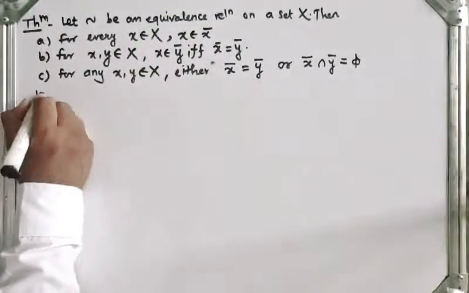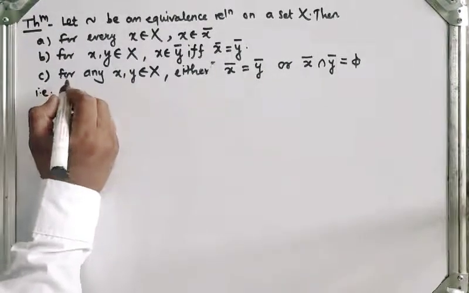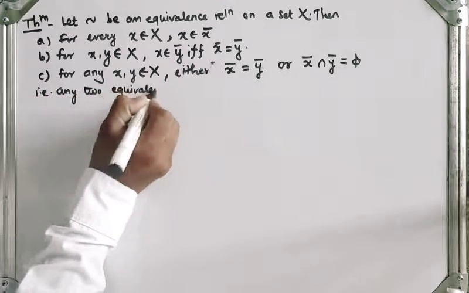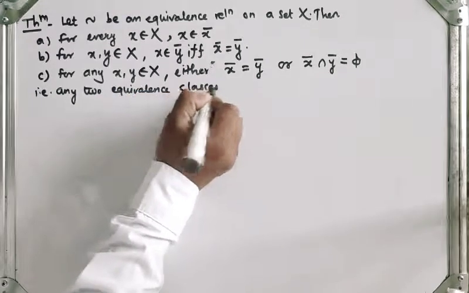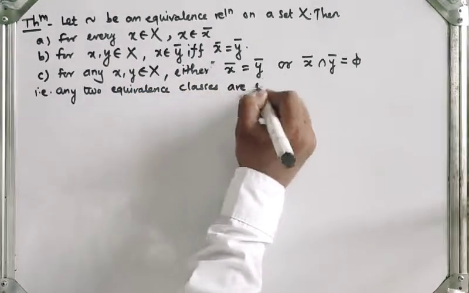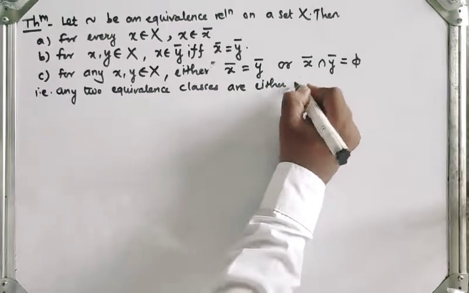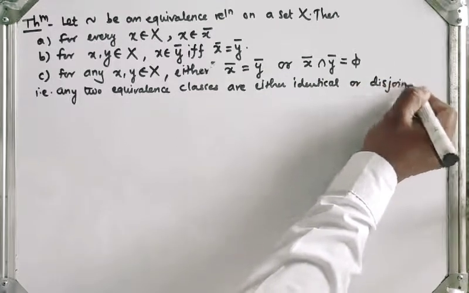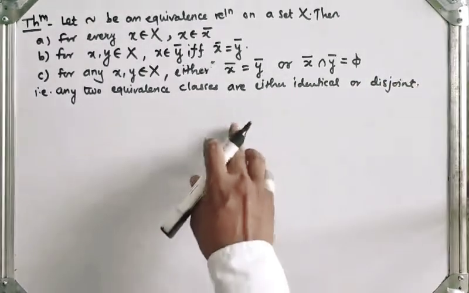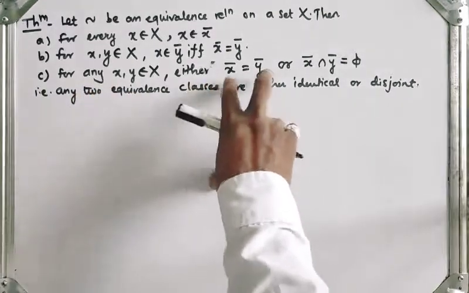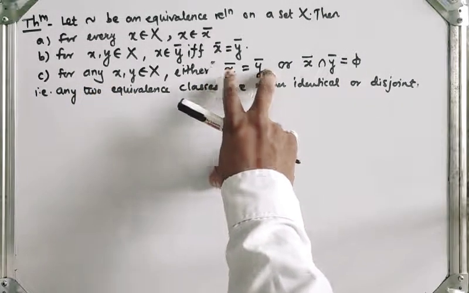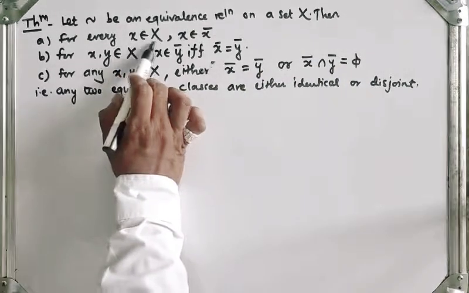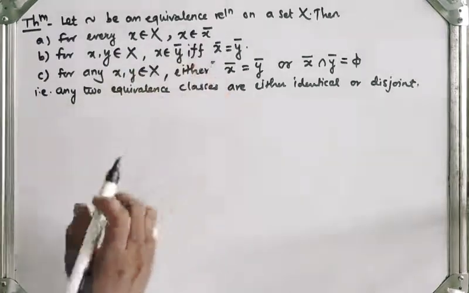That is, any two equivalence classes are either identical or disjoint. Means we have to show that for x, y belongs to X, two equivalence classes are either the same or disjoint. So first we have to show that for x belongs to set X, x belongs to the equivalence class of x.